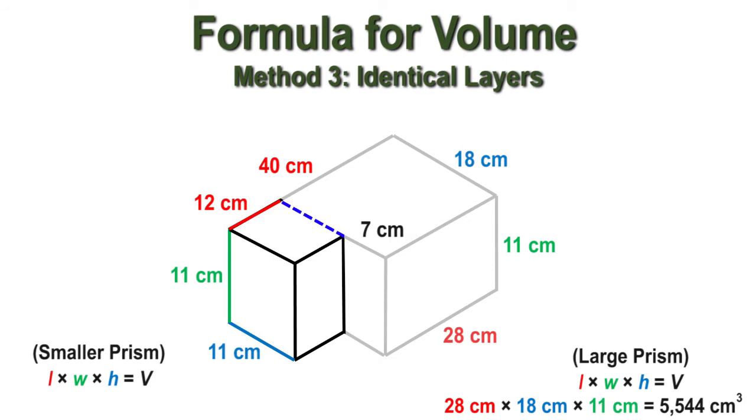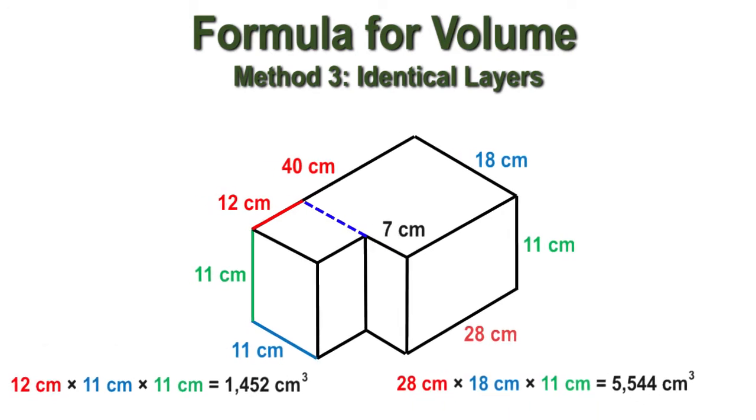We now have all three measurements needed to determine the volume of the smaller rectangular prism. Length multiplied by width multiplied by height, or 12 centimeters multiplied by 11 centimeters multiplied by 11 centimeters, which is equal to 1,452 cubic centimeters.